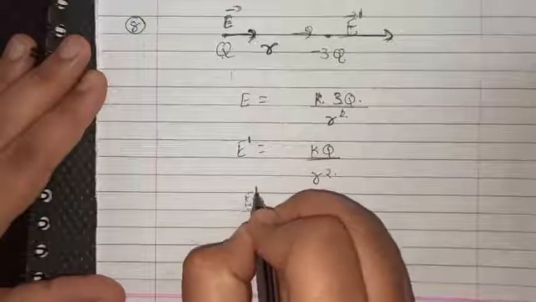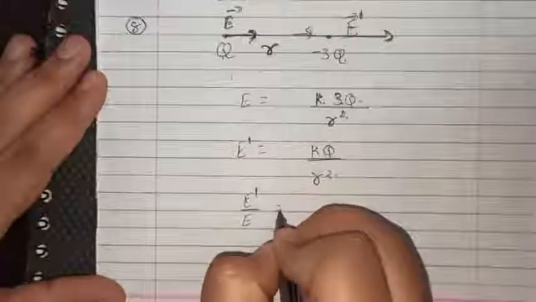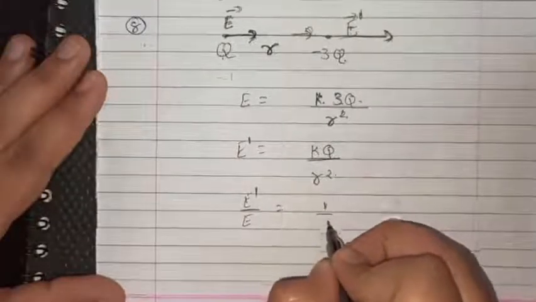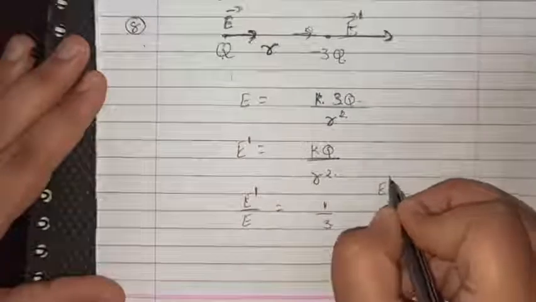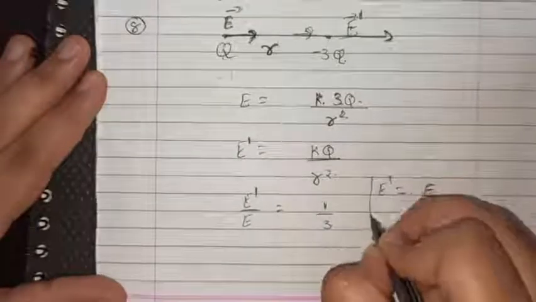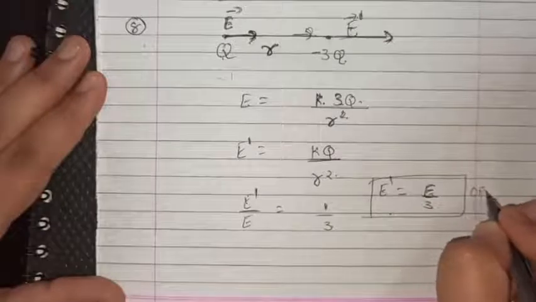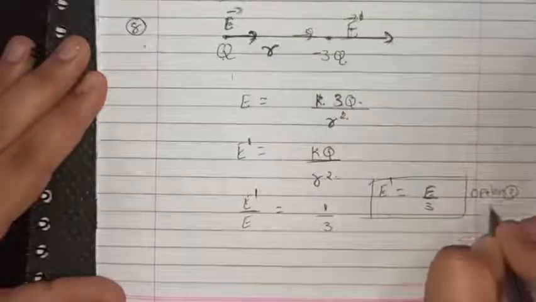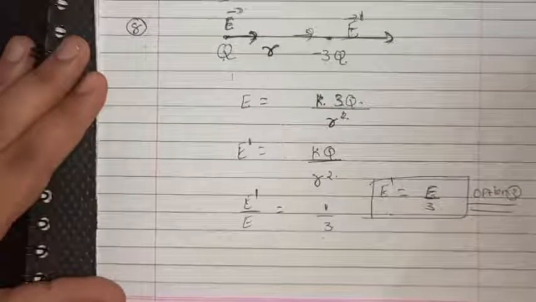Taking the ratio, E dash by E is equal to 1 by 3. So E dash is equal to E by 3. So option 3 is the correct option.